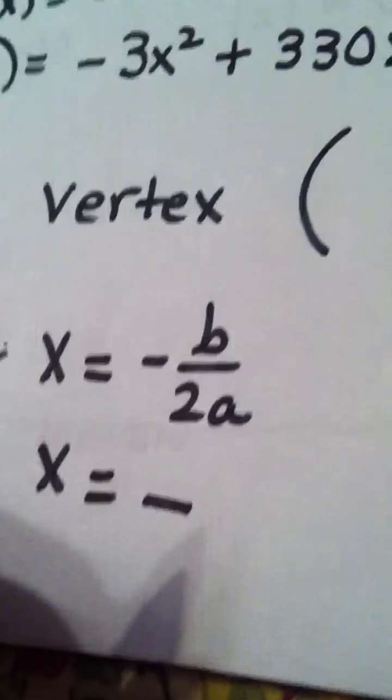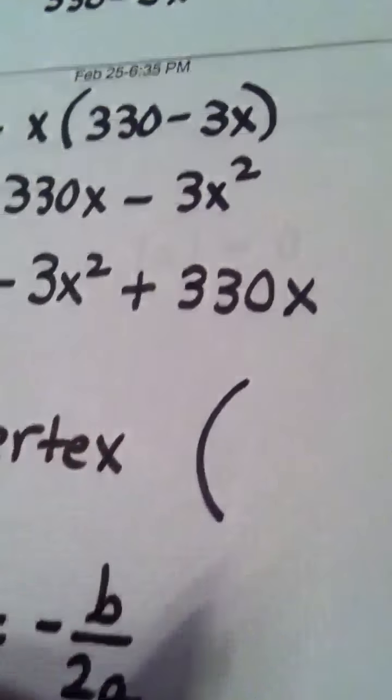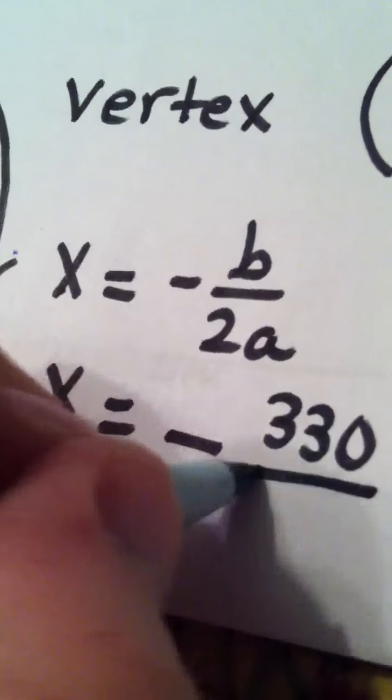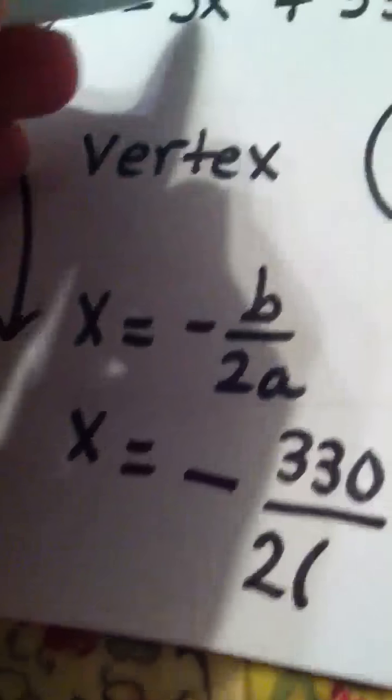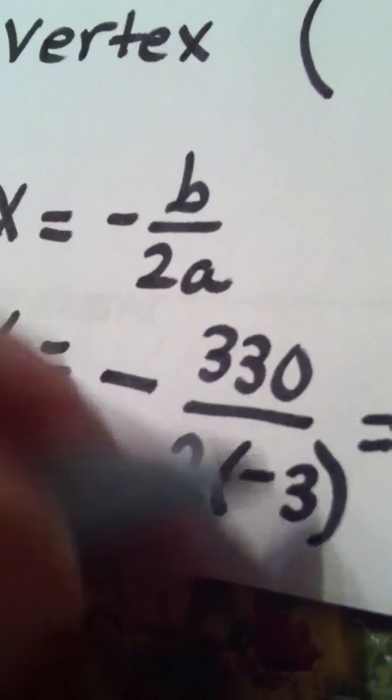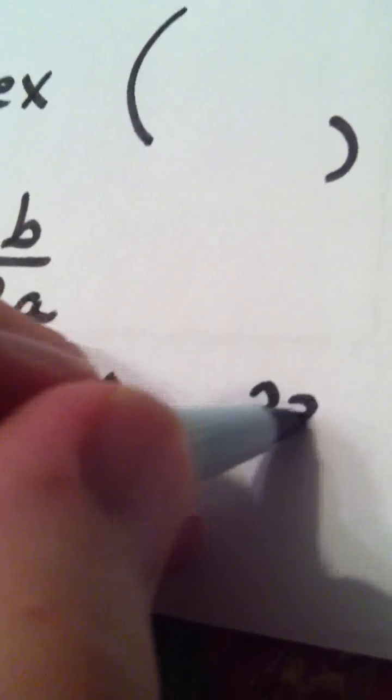So we would have the opposite of b, which is 330, what's in front of the x, divided by 2 times a. A is the leading coefficient, which is negative 3. Negative, negative, of course, positive. 330 divided by 6 would be 55.